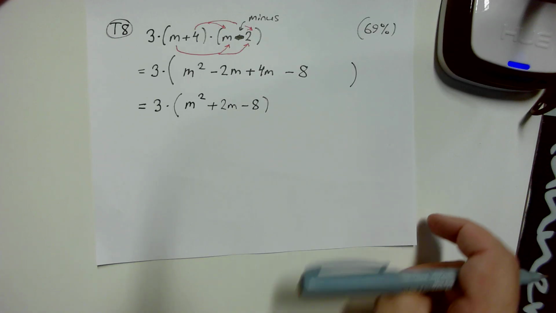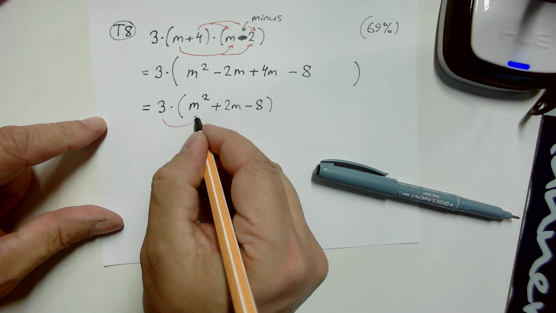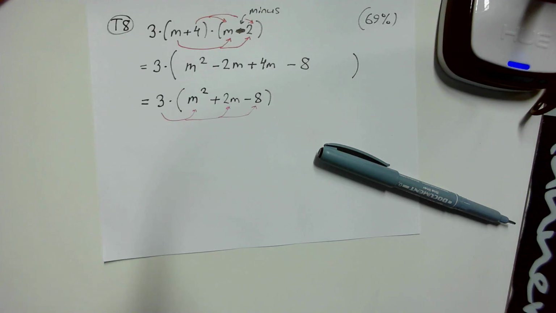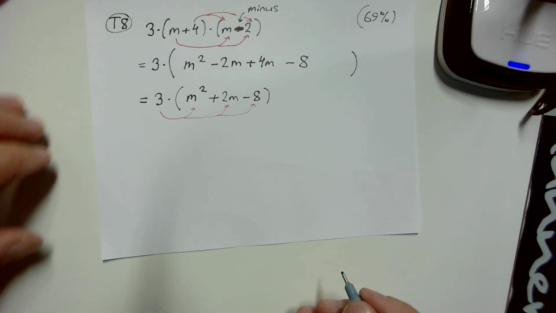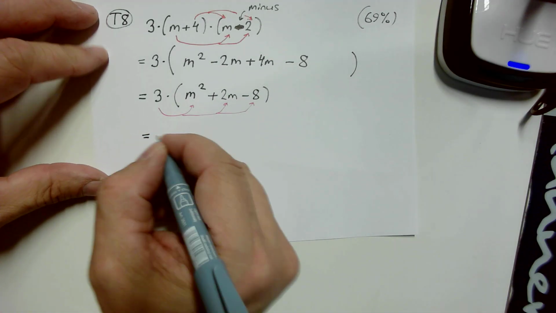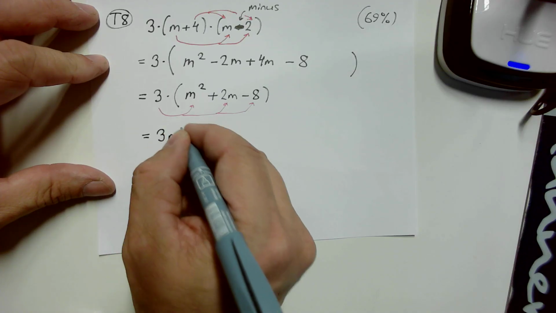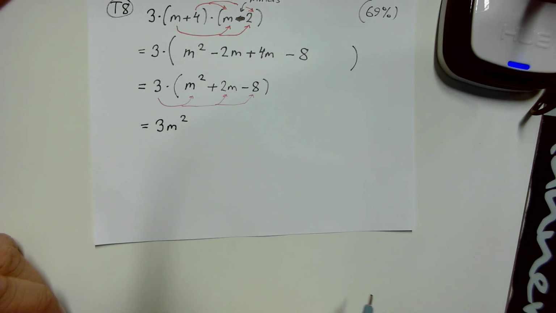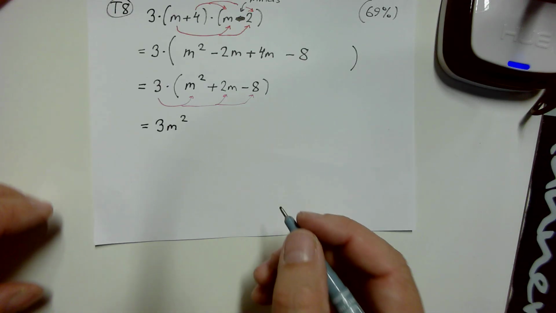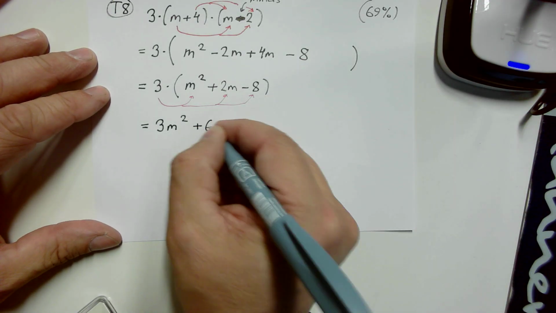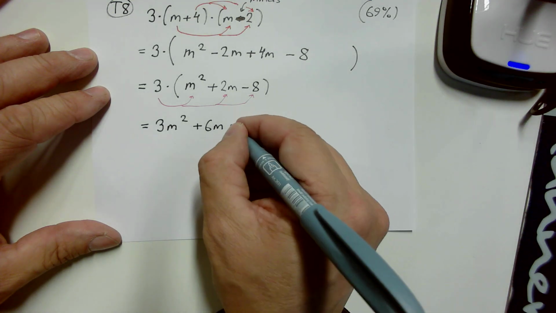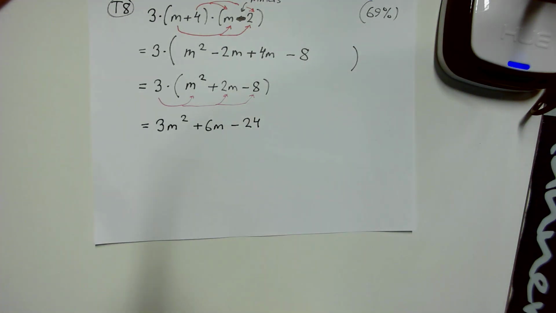And after this we do it again, that we will multiply these all with 3. 3m squared plus 6m, yeah, minus 24. Yeah. And this is the final result.